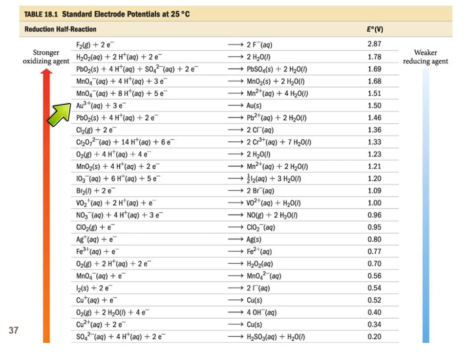So gold metal would only be oxidized by permanganate or hydrogen peroxide. But I don't think you're actually going to really get that to go. Just don't use my gold ring to test that out.